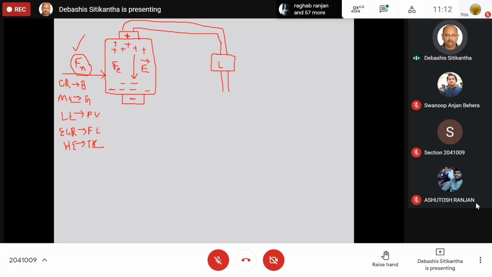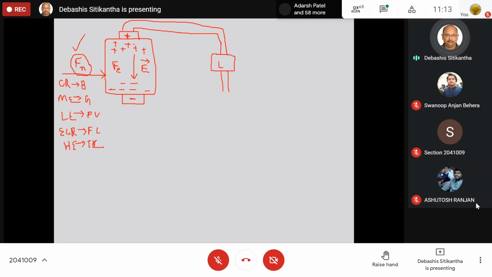Now, as you can see, all the negative charges are on one side, so naturally there will be a force of repulsion. This force of repulsion and this force of attraction are going to aid each other. That means the negative charge will try to repel and move towards the positive charge.